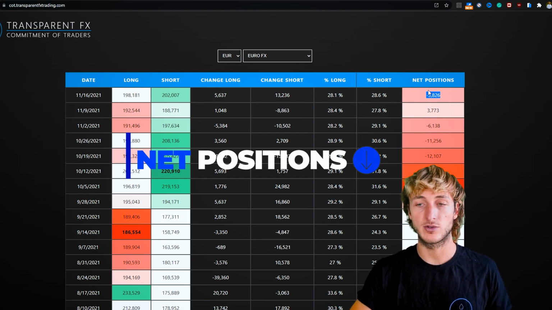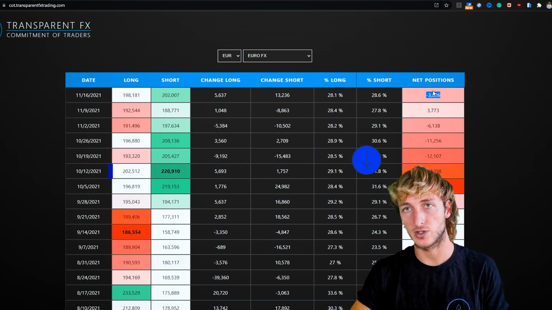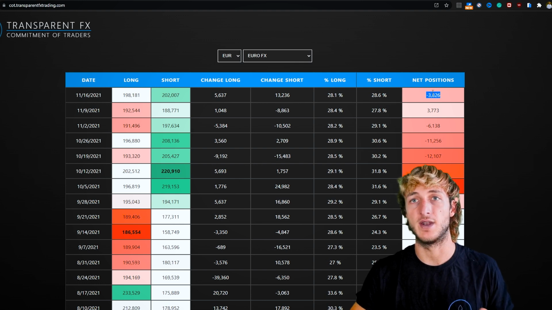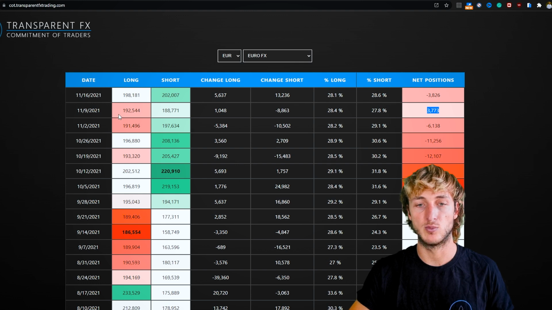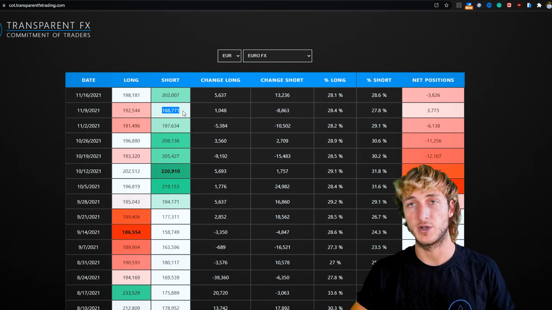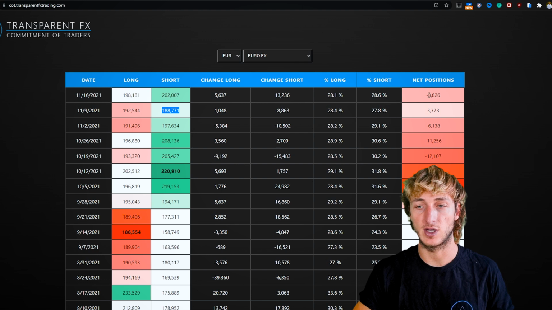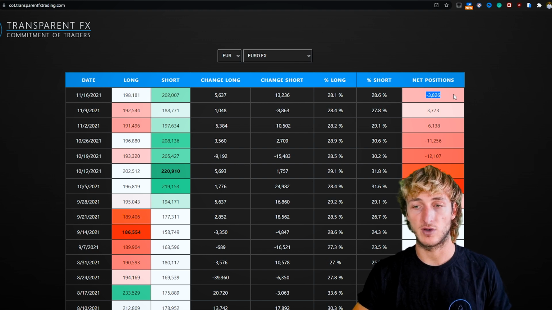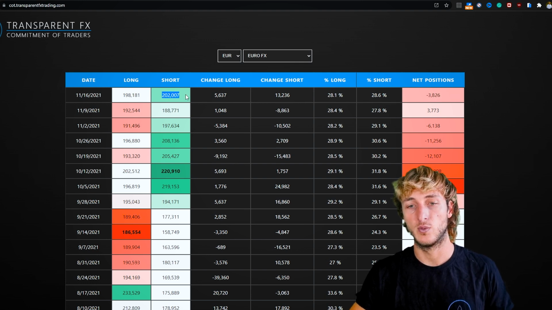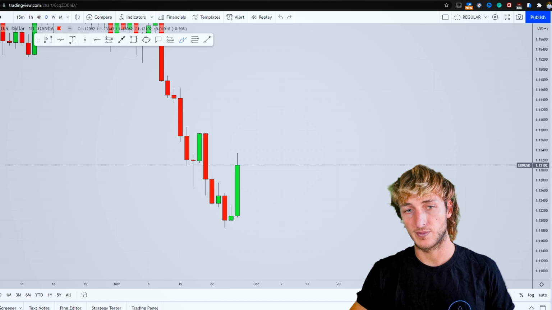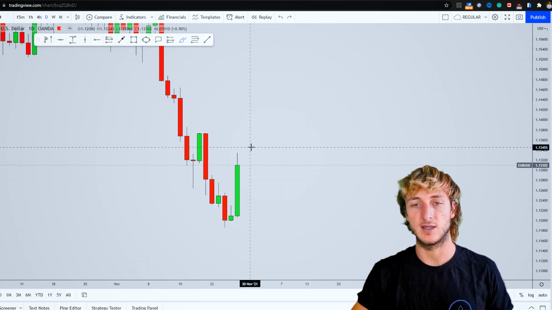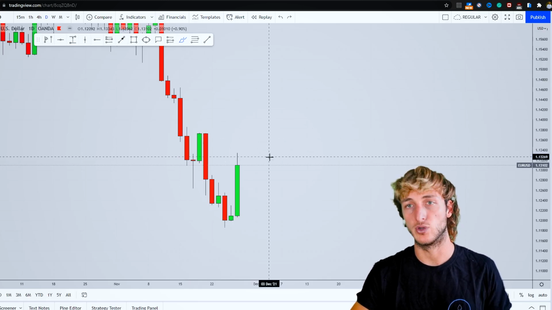So in the long term, we're getting an increase, but in the short term, we're getting a decrease of the net positioning, going from a positive 3.7k, so with more longs than shorts, from an institutional perspective, to now having a negative net positioning of minus 3.8k with more shorts than longs, 202k shorts and only 198k longs. So EURUSD at the moment is getting bearish in the short term, but bullish in the long term.